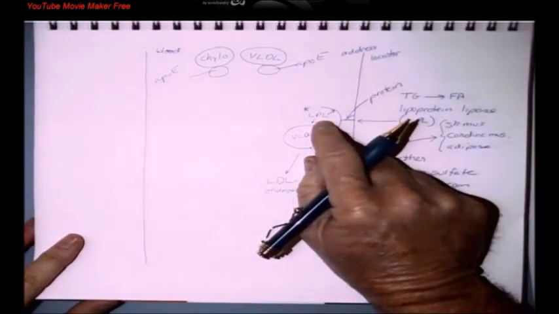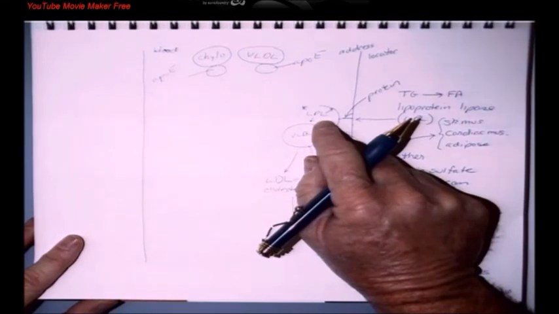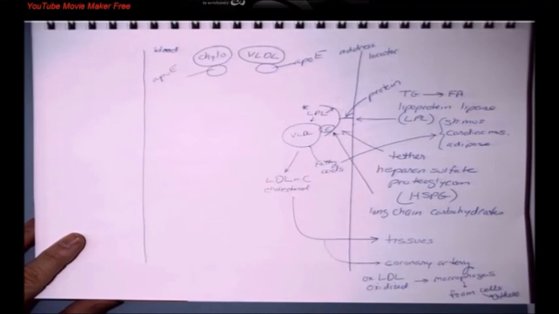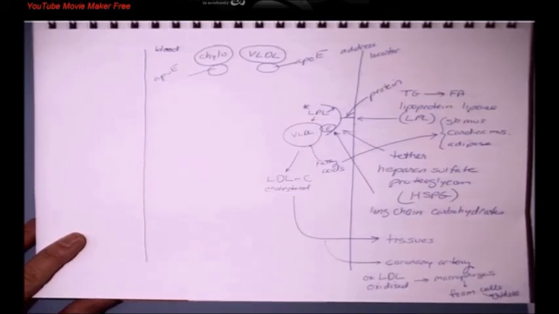But mutations in LPL can occur in individuals, and if you have a loss of function mutation that eliminates it, what is the result going to be for your patient? Can't uptake fats, you just have too much in the blood.